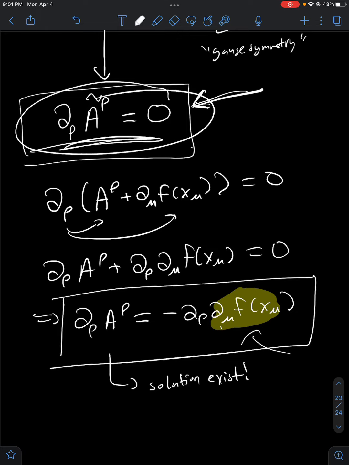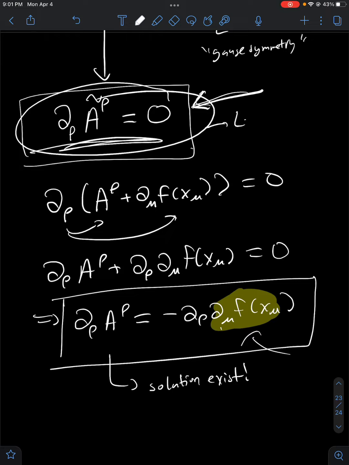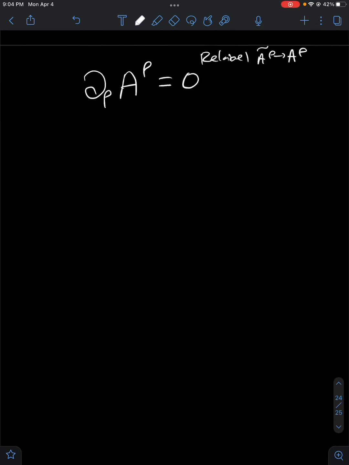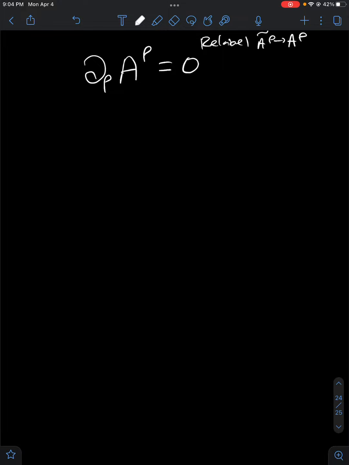And this is actually called a Lorentz gauge, by the way, for those that might want more information. We use the Lorentz gauge to get our continuity equation. So we now have this continuity equation found here. We're going to relabel A rho tilde to just A rho, just because it's visually nicer.